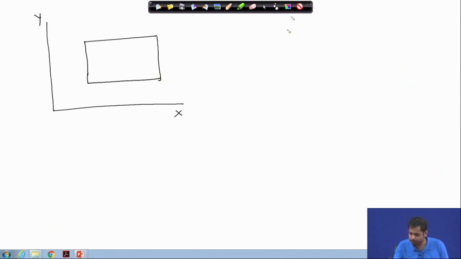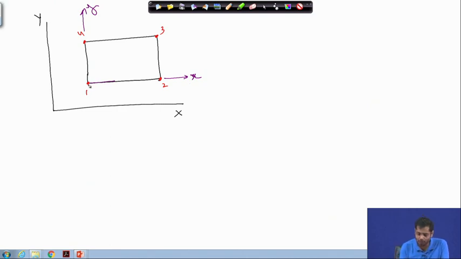These 4 nodes are named node number 1, node number 2, node number 3 and node number 4. Suppose this is your local x coordinate and this is your y direction. Small y and small x.